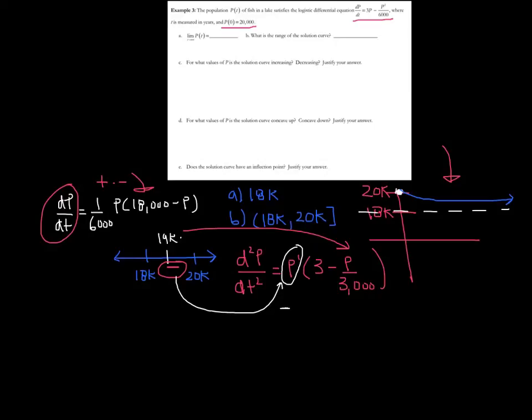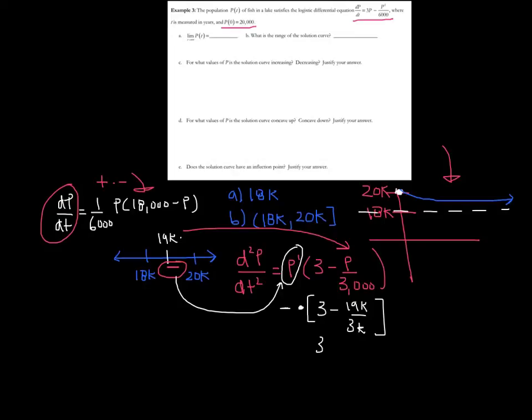So we have a negative number times 3 minus 19k over 3k. Well, it's going to be around 6, right? 19 over 3 is a little bit more than 6.